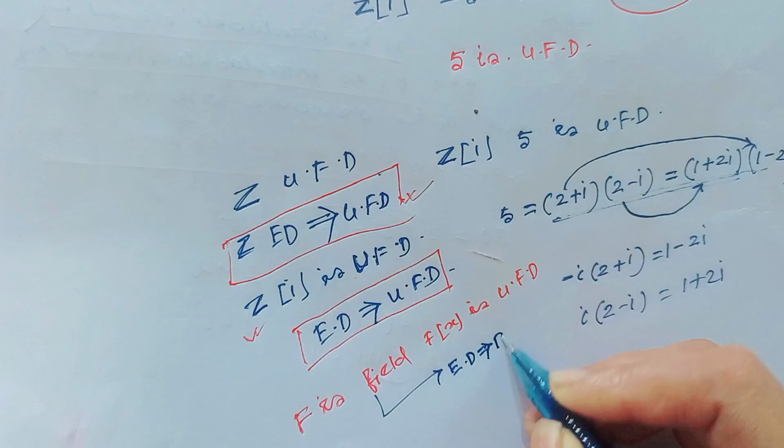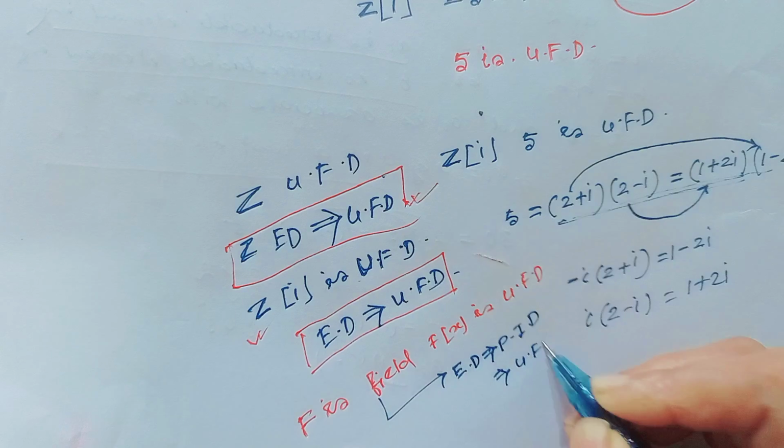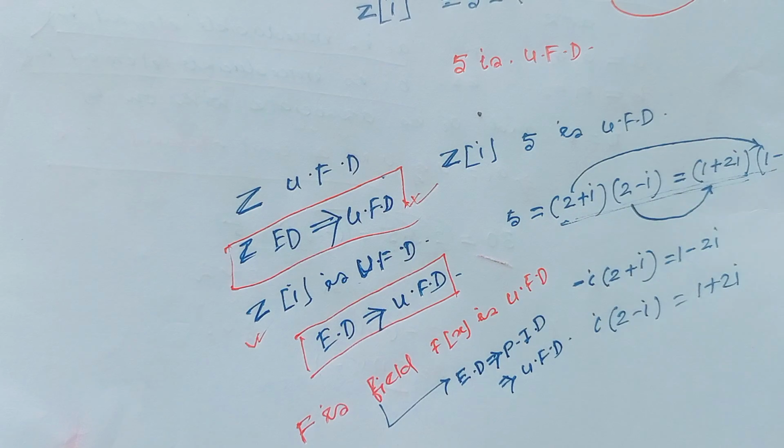Euclidean domain implies P.I.D, P.I.D implies U.F.D.